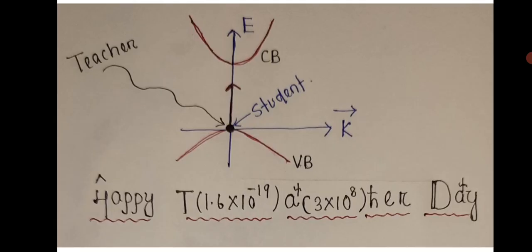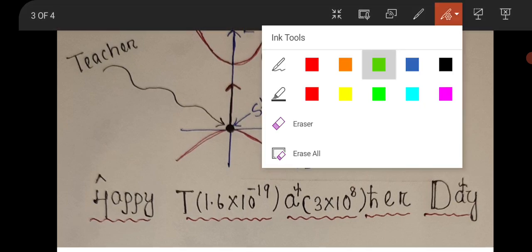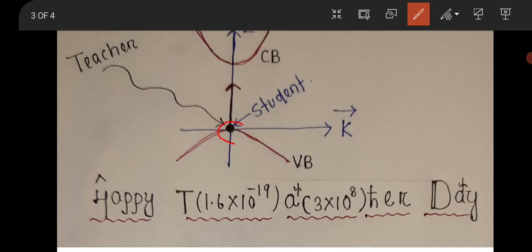We all are like electrons in the valency band. All the students are like electrons in the valency band. We have to be free, that means we have to contribute to society by becoming knowledgeable and talented. Everything depends upon our teacher.